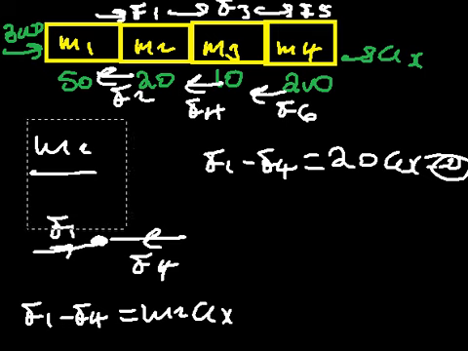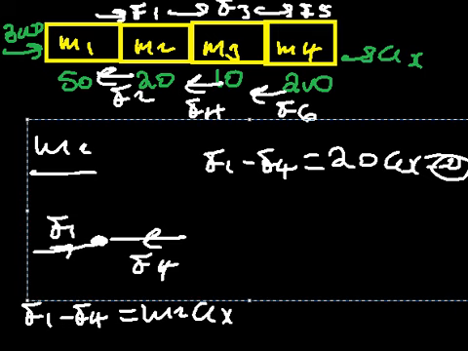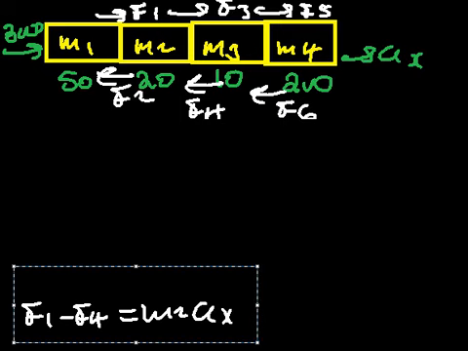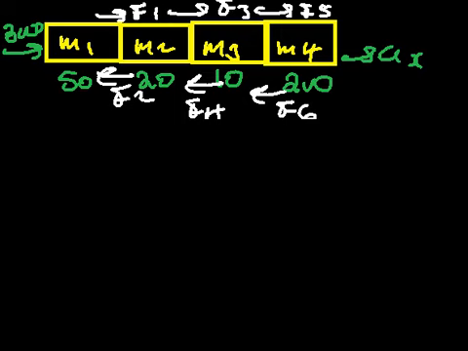And now let's go for the system of, let's say, mass 3. So the free body diagram for mass 3 will have the force acting in the direction of motion, given as F3, and the force acting against the direction of motion, given as F6.